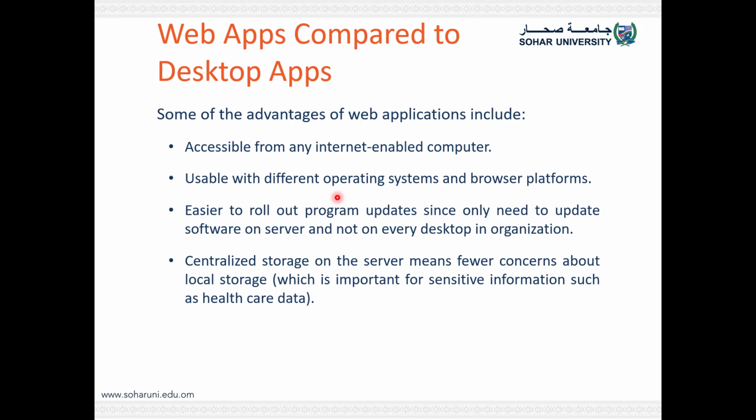We can access a web application using mobile, tablet, or computer, but of course these devices need to be connected to the internet. The second advantage is that we can use it with different operating systems and different browsers. It is also easier to update, because we only need to update the version already installed on the web server, and then the client can get the updated version.